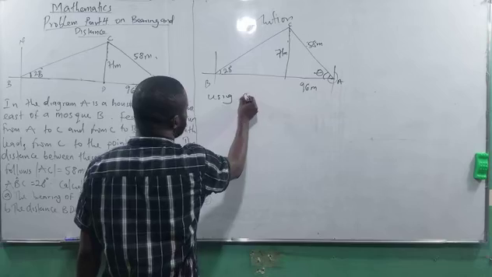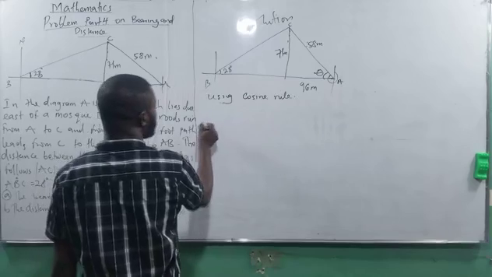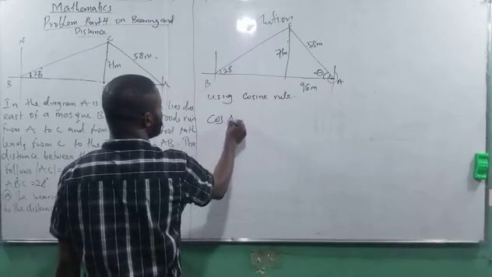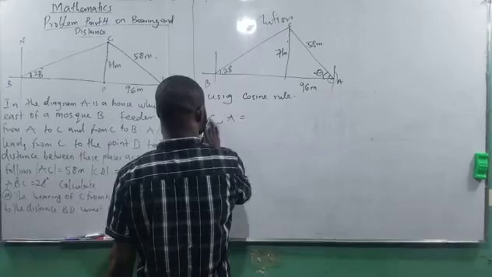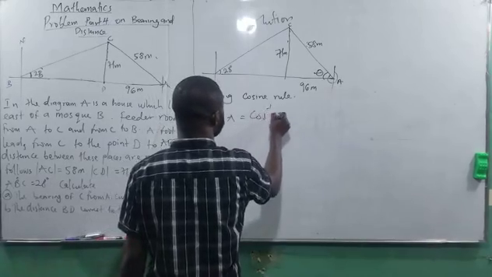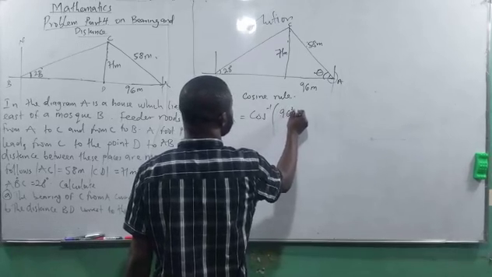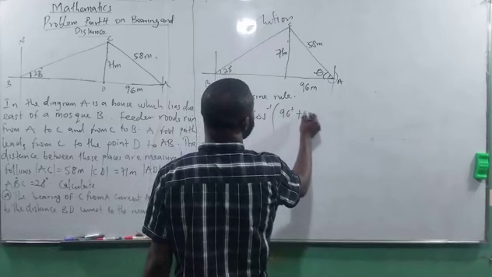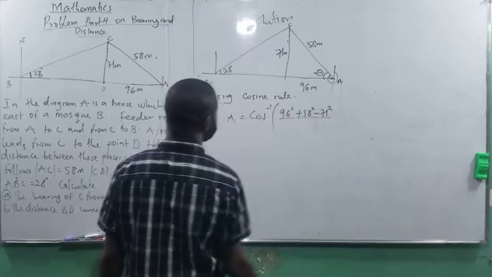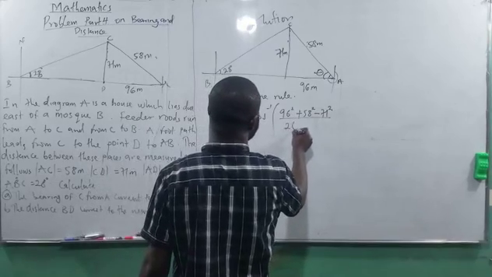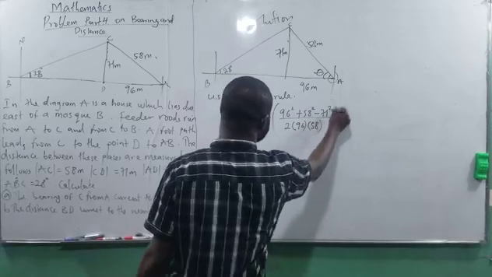The cosine rule tells us that cos A will be equal to, let me just say A equals cos inverse of 96 squared plus 58 squared minus 71 squared, divided by 2 bracket 96 bracket 58 close bracket.